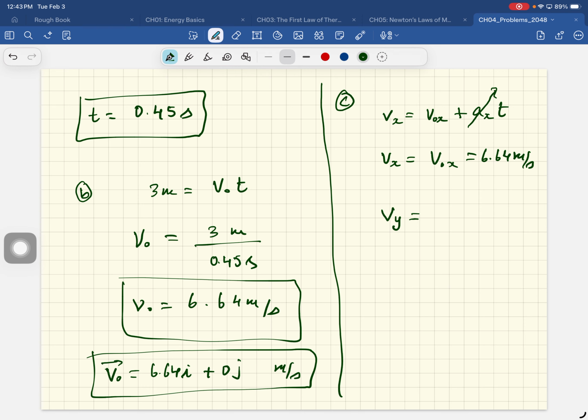Vy, the y component of the velocity, is changing because ay is non-zero. So this is equal to the initial y component of the velocity, which was 0, minus gt.